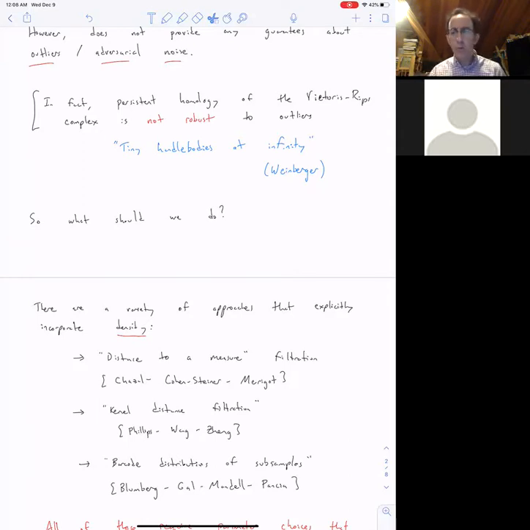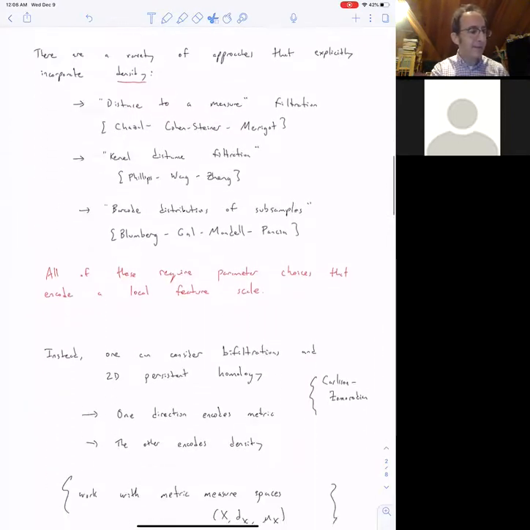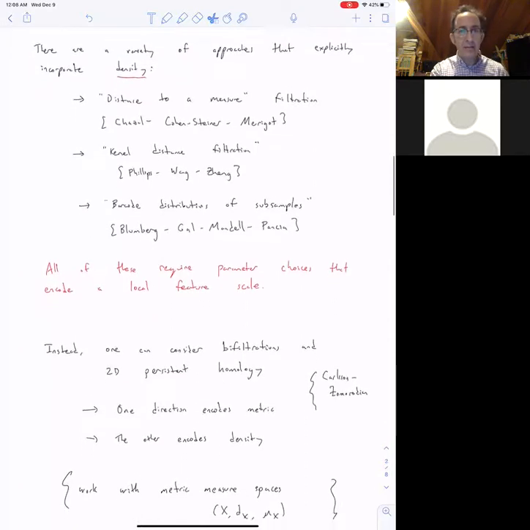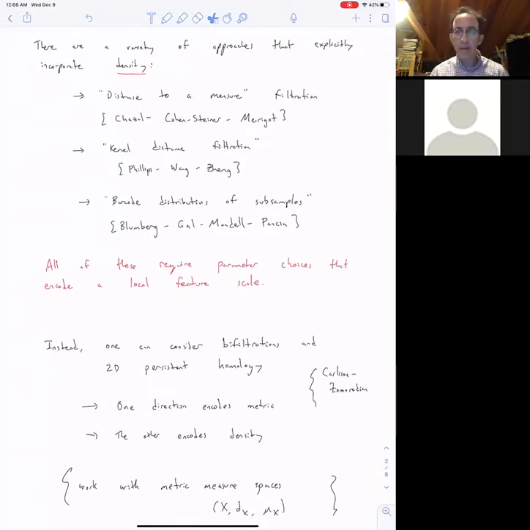Okay, so what do you do? People are aware of this problem, and there have been a variety of approaches that incorporate density. Just to discuss 3 representative ones, Chazal, Cohen-Steiner, and Mérigot introduced something called a distance to a measure filtration. Phillips, Wang, and Zheng studied kernel distance filtrations. Both of these use a width or a smoothing parameter to smooth a little bit to control the influence of outliers.